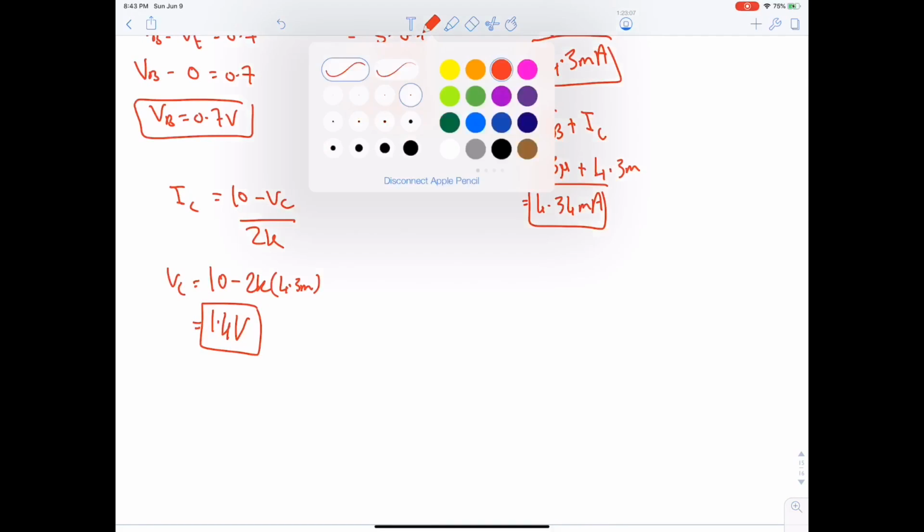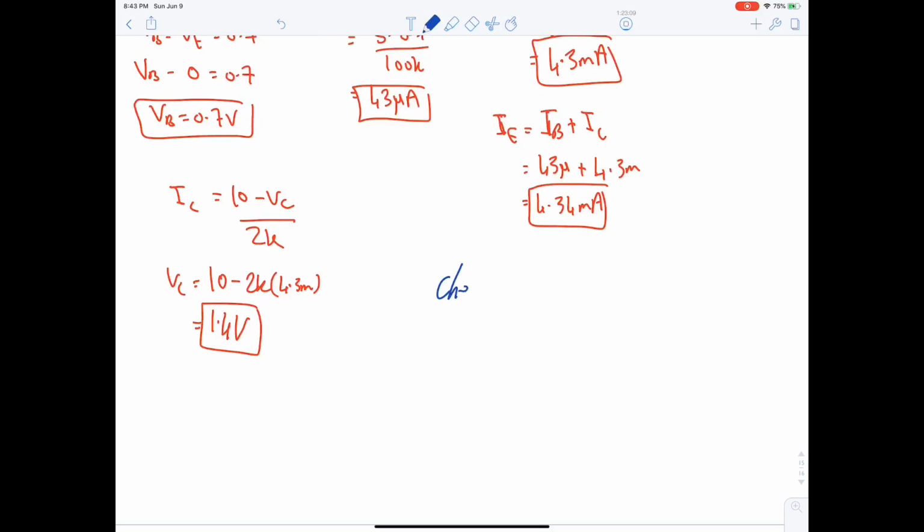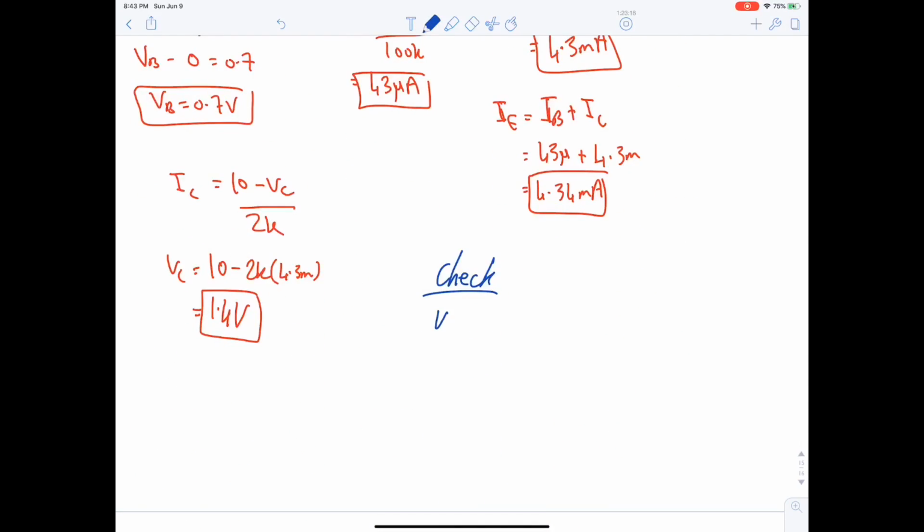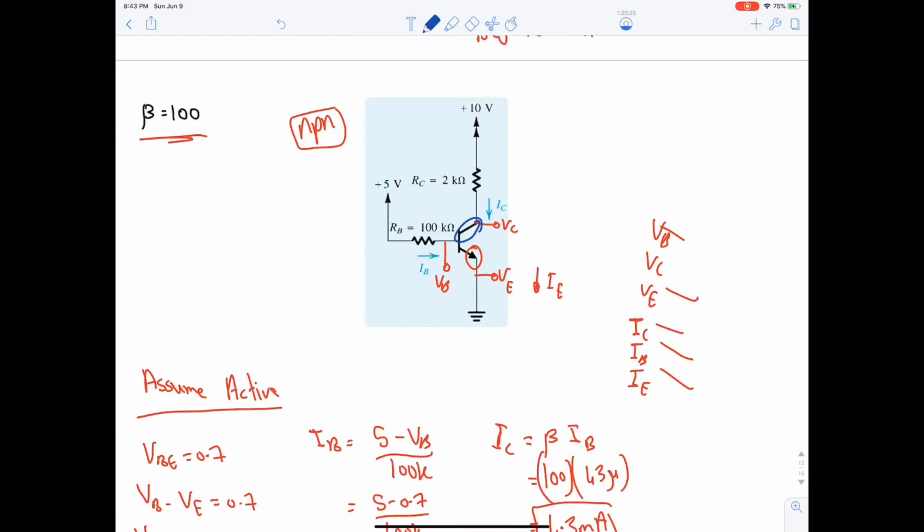Last step is to do the check. The check is on the junction opposing the arrow, so it will be VCB. VCB has to be greater than or equal to 0, so VC minus VB is greater than or equal to 0.